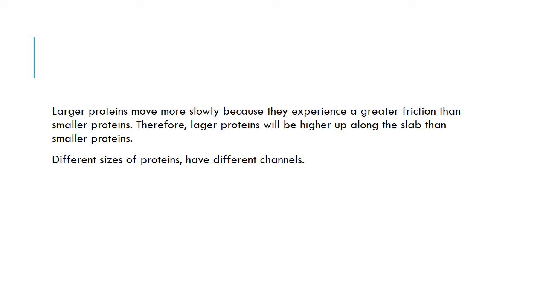Remember that once they are inactivated by SDS, the SDS attaches to this. So one SDS will be attaching to this. If this is a small protein, we are expecting only a few SDS to attach to it.